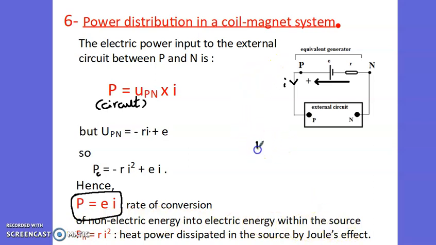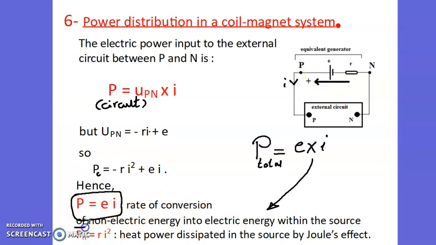So P total, let me call it total, equal E times I. All this, E times I, is the total electric power created or produced in the coil due to the relative motion between the coil and the magnet. So it is the conversion of mechanical energy into electric energy.